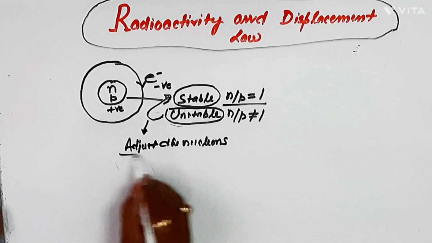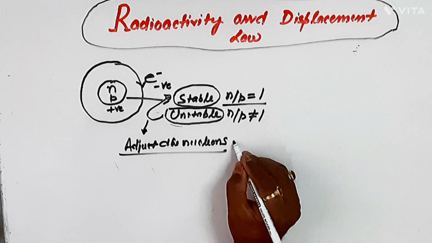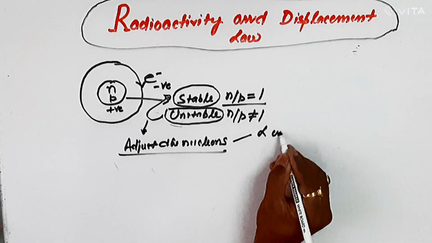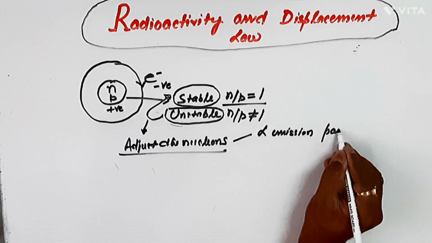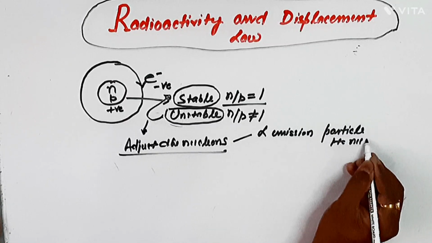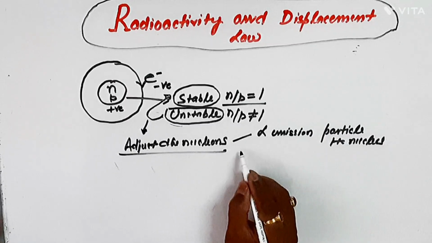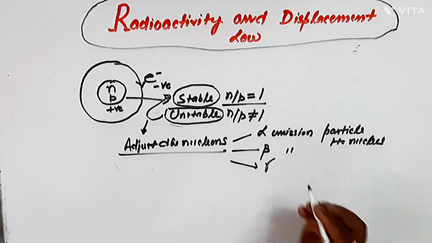That we will see further, how it adjusts. It adjusts the nucleons through alpha emission, that is a particle, meaning helium nucleus, that I will tell separately, beta emission and gamma emission.